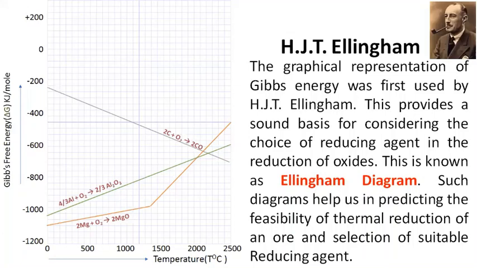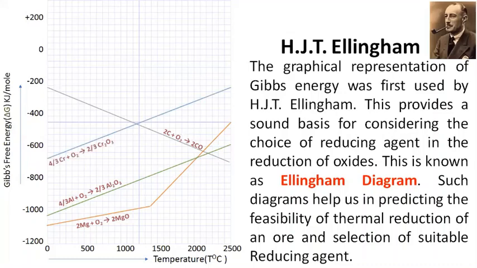You can see the delta G value is nearly minus 1150 kilojoules per mole. As the temperature increases, the delta G value also increases. That means as the temperature increases, the stability of the metal oxide decreases, because the lesser the delta G value, the more the stability.